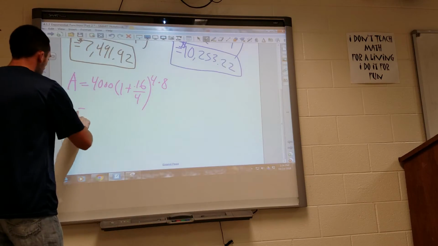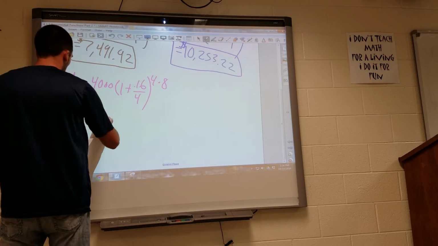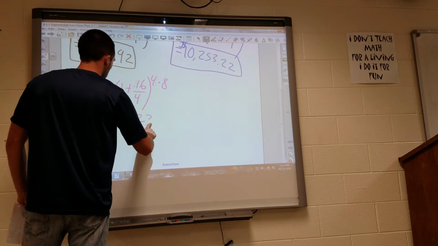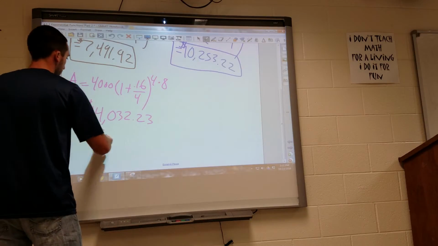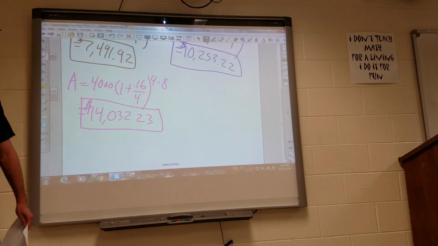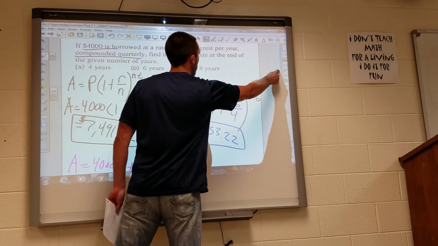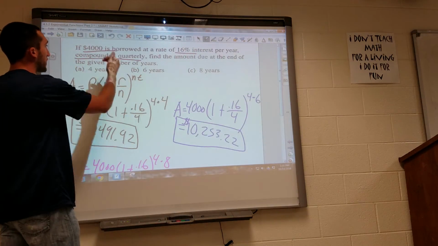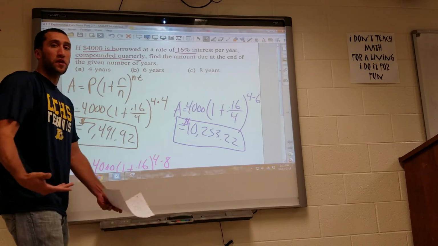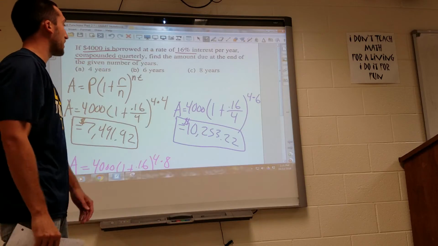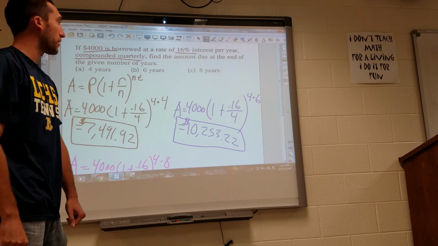So you will owe, after 8 years, $14,032.23. So there we go. That's our compound interest formula. Compound interest, because we're compounding it a certain number of times each year, and then they'll tell you how many years we're going to compound that money.